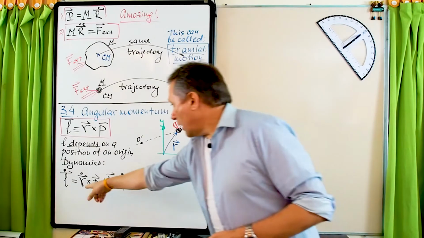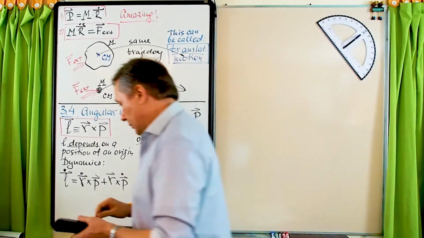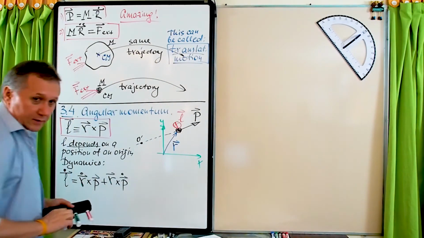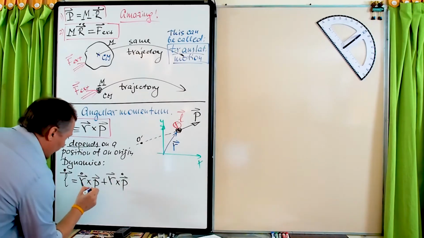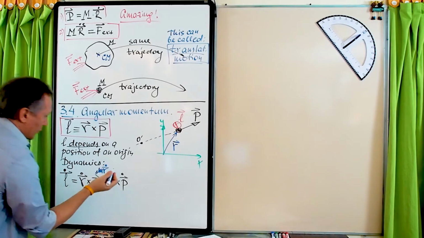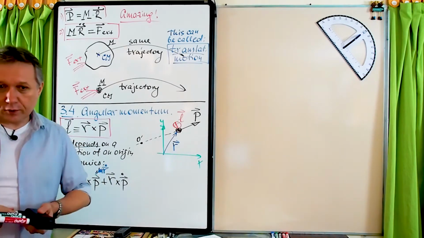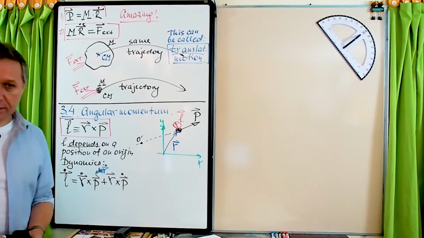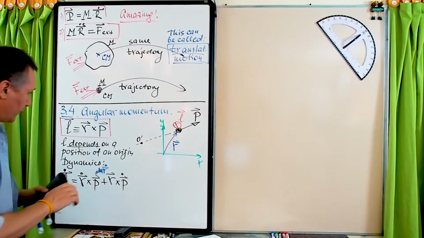First, r dot cross p is obviously 0, because p is m r dot. If you take a cross product of two parallel vectors, of course you will end up with 0.